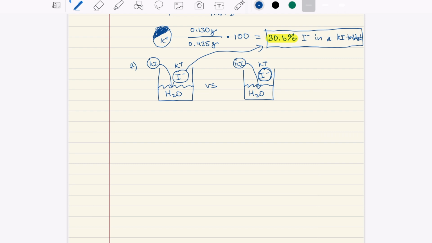So the answer to this question is that the percent mass of I minus will stay the same. Well, we shouldn't say that. We should say water, because water is the excess reactant.